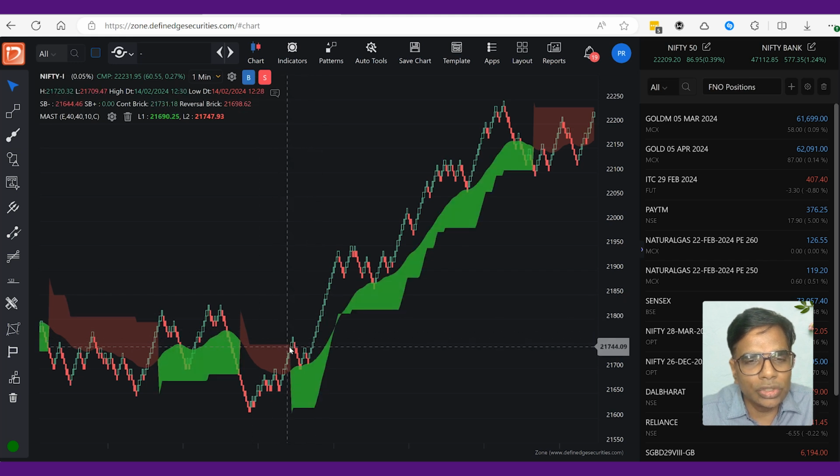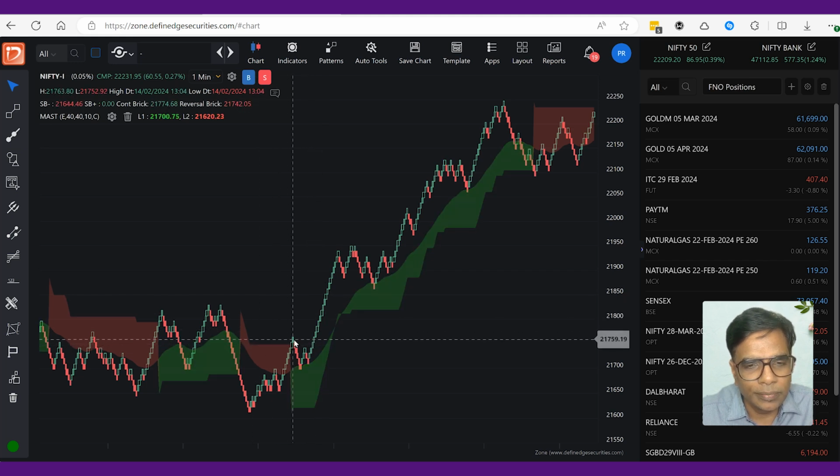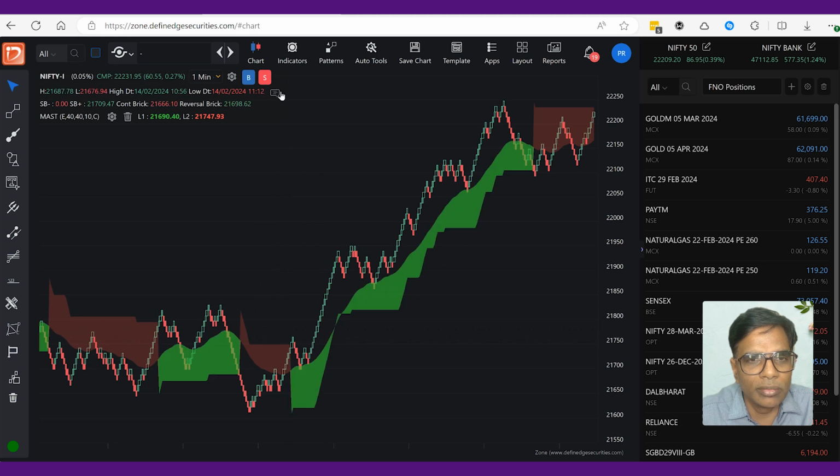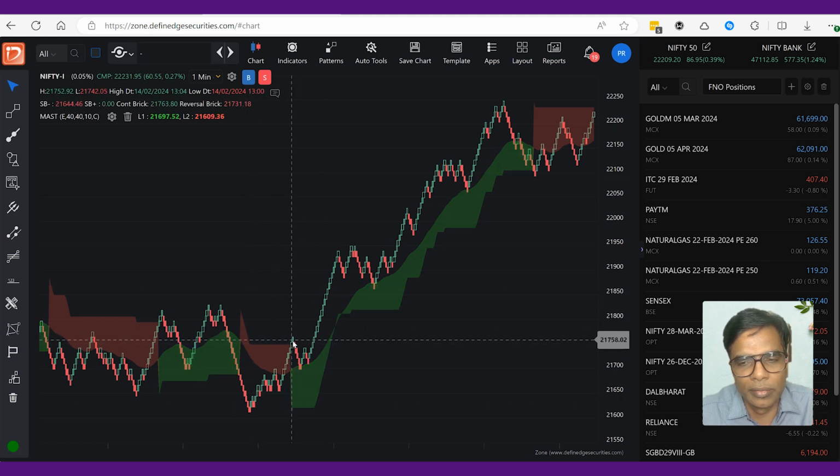So I'll choose the at the money strike price of 29th February on 14th of February around 1 o'clock, I believe. That's the time where we got this high signal, and then I enter that particular trade. So that's how we enter in these particular trades.